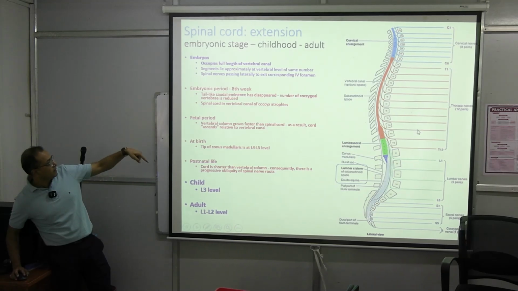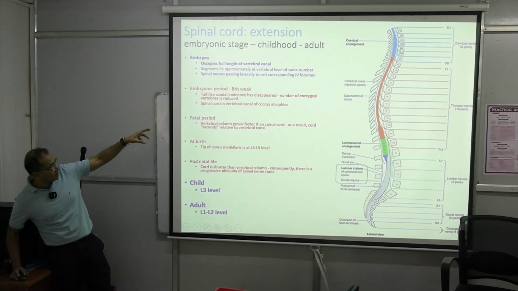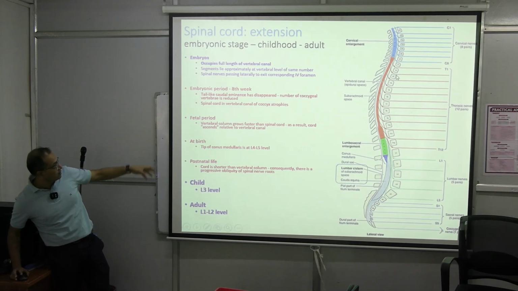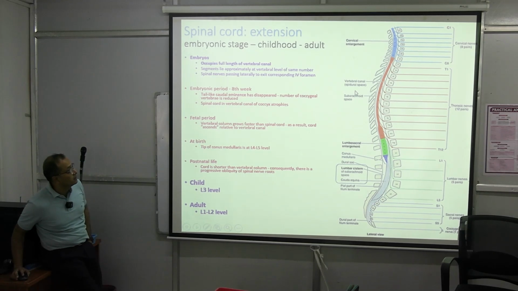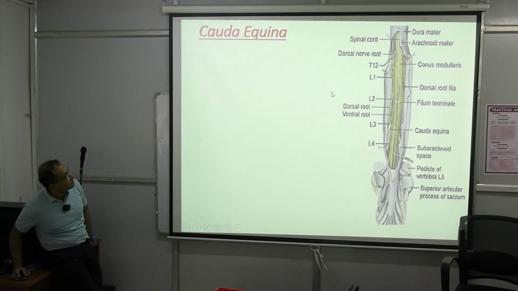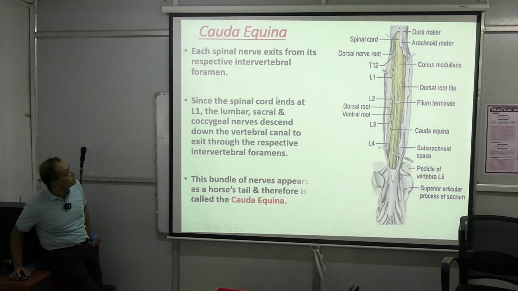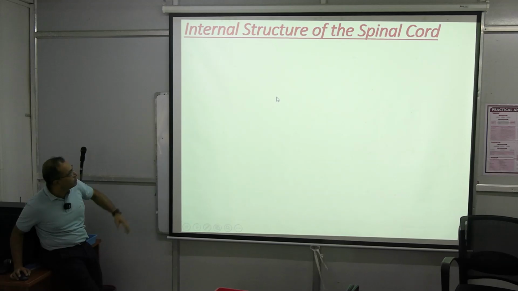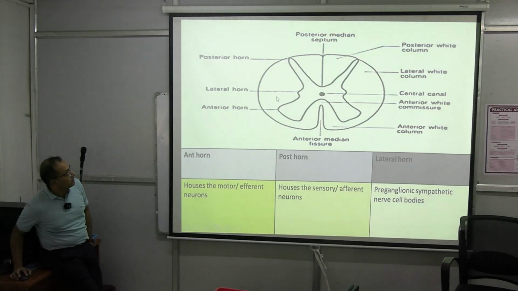There are spinal nerves which move from the vertebral column through these areas. We call them intervertebral foramen. So this spinal cord going down hangs like a bunch of nerves. We call this the cauda equina, which is a bunch of spinal nerves hanging below from the spinal cord.